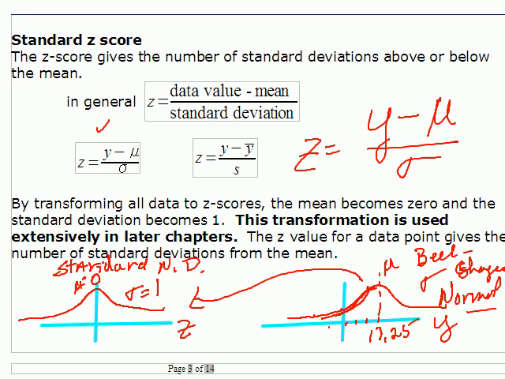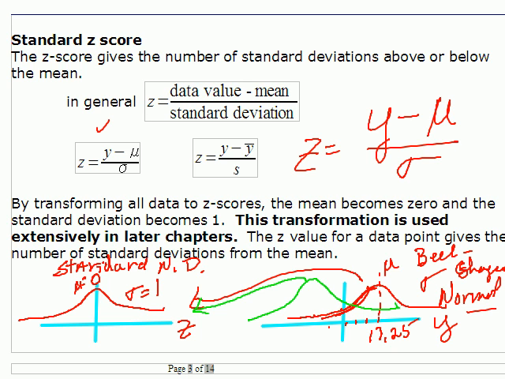By using this transformation, say you had a different one, so I've got this normal distribution. Using the Z-score, it's going to go into exactly the same standard normal distribution curve.